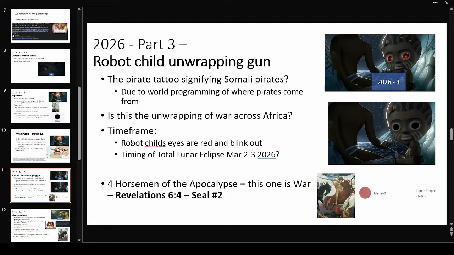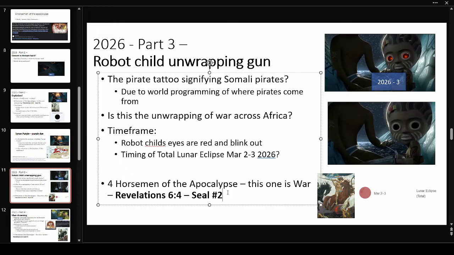So time frame wise, the robot's eyes are red and then blink out. So there is an actual total lunar eclipse, a red moon eclipse that will happen on March 2nd and 3rd of 2026. So expect war to be unleashed or unwrapped in Africa around this time, possibly.